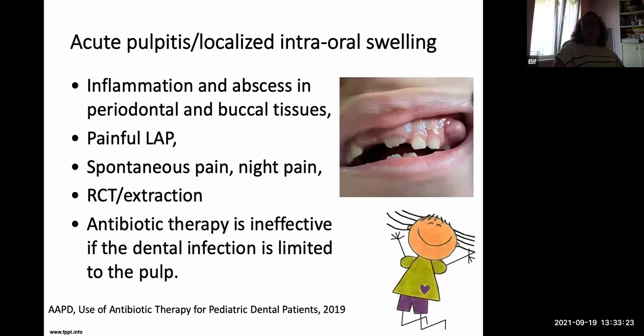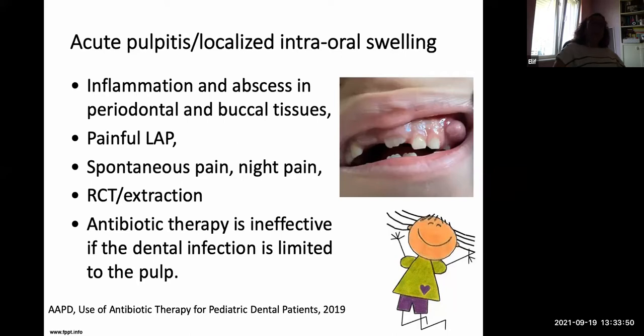Acute pulpitis is characterized by inflammation and abscess in periodontal and buccal tissues, and mostly patients present with painful lymphadenopathy, and they have spontaneous pain, night pain characteristically. In these patients, we mostly prefer root canal treatment or extraction according to the situation.